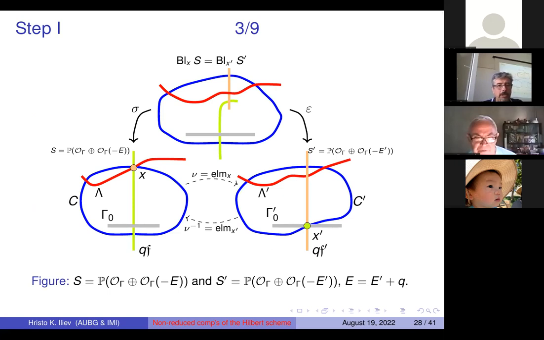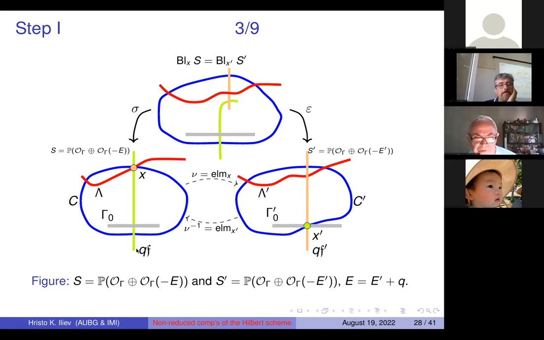So here is the picture that essentially clarifies the situation. The first ruled surface, as I have here, has this section of minimal self-intersection, gamma naught. It is unique. And similarly, the second surface, S prime, has this section of minimal self-intersection, gamma prime naught.